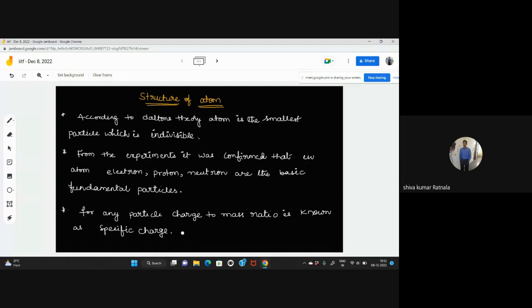From the experiments, for every electron, proton, neutron, we are able to calculate the charge value and the mass of the particle.